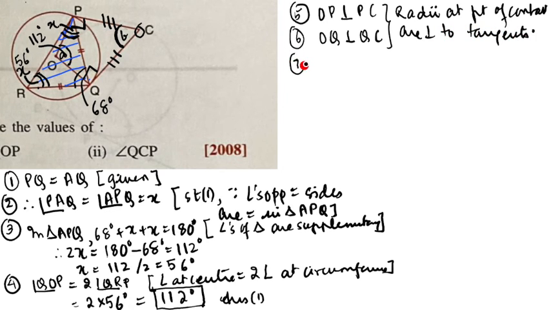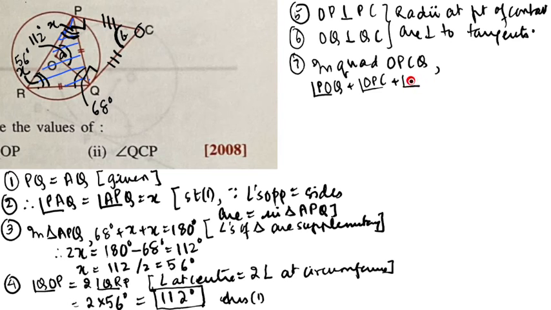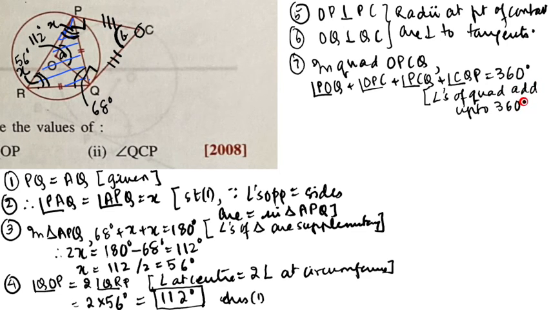So statement number 7, therefore in quadrilateral OPCQ. We will have angle POQ plus angle OPC plus angle PCQ plus angle CQP equal to 360 degrees, and this is because angles of quad add up to 360 degrees.